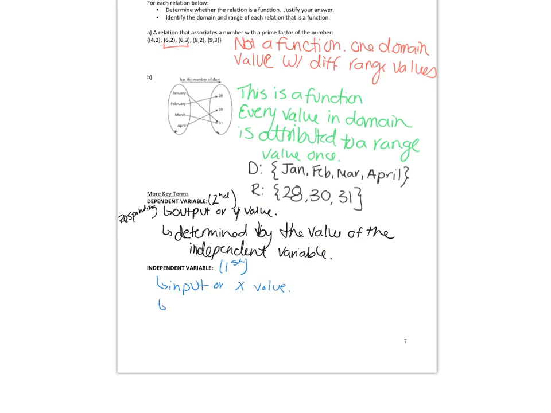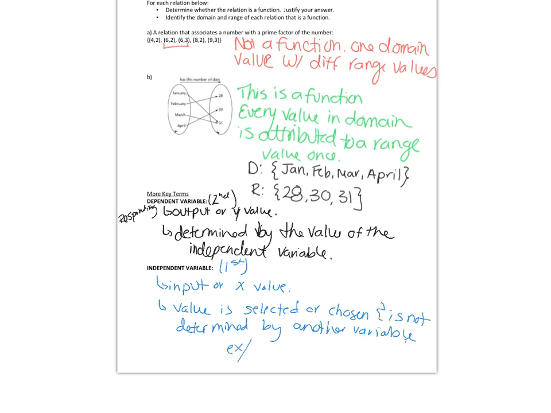It is a variable whose value is selected or chosen and is not determined by another variable. So for instance, the best example of this is time. Time just continues ticking on and is not dependent on any other variable.